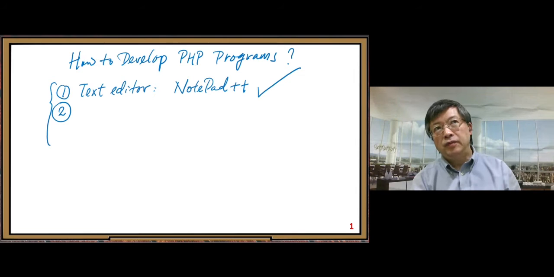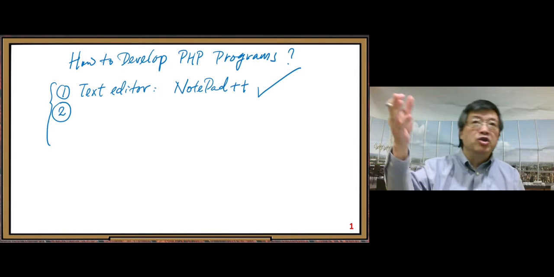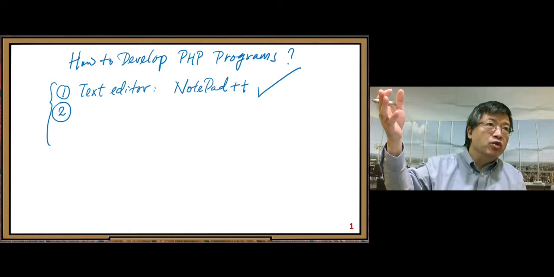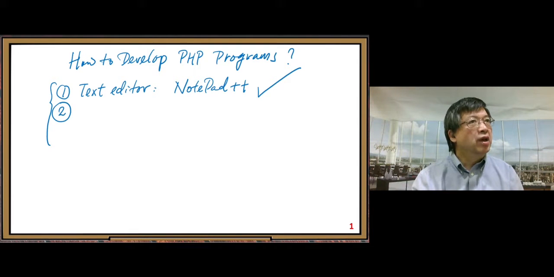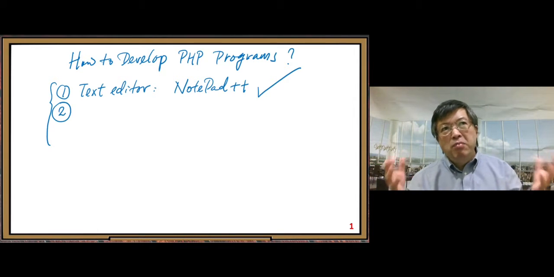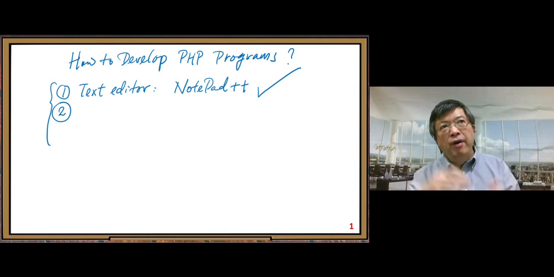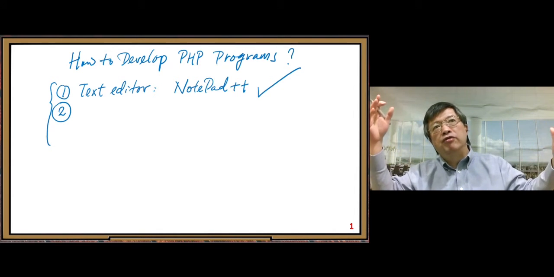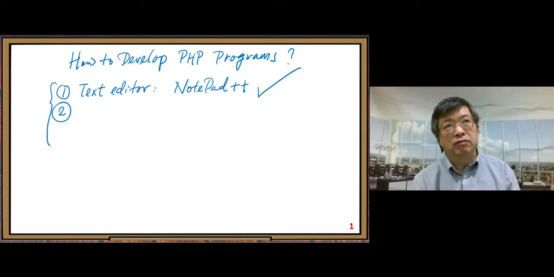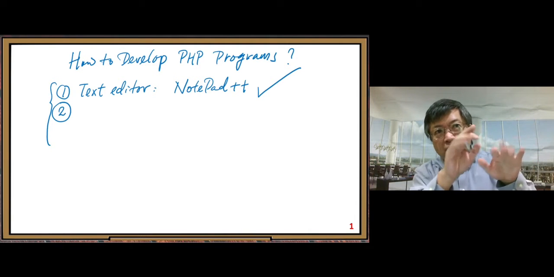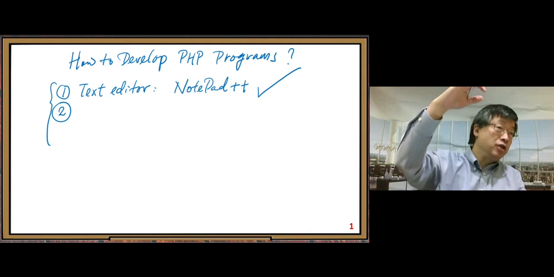For example, when we write PHP programs, we need to use many PHP functions, at least hundreds of different ones, and we couldn't memorize them all. With an IDE, when you type the first few characters, you get a list of suggestions.